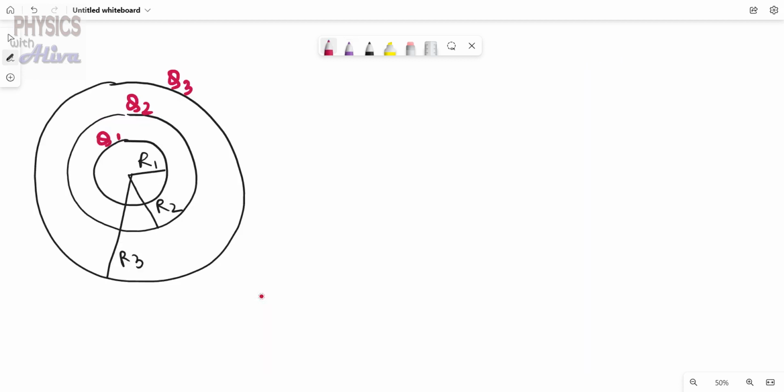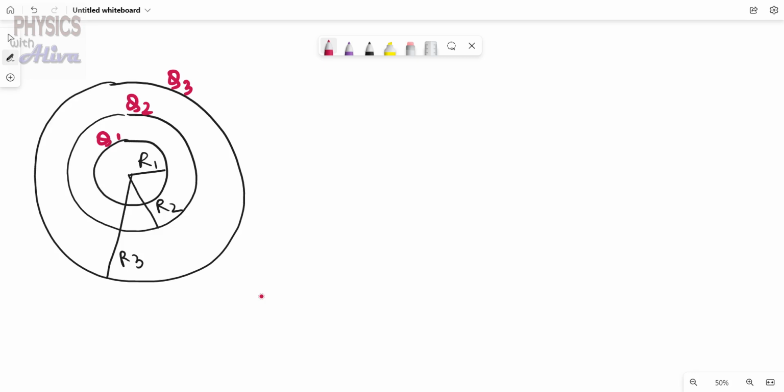Now we have drawn three concentric spheres. The first sphere, the innermost sphere, has radius r1, the second one has radius r2, and the third one has radius r3. On the surface of the first one the charge is q1, on the surface of the second one the charge is q2, and on the surface of the third one the charge is q3, right?